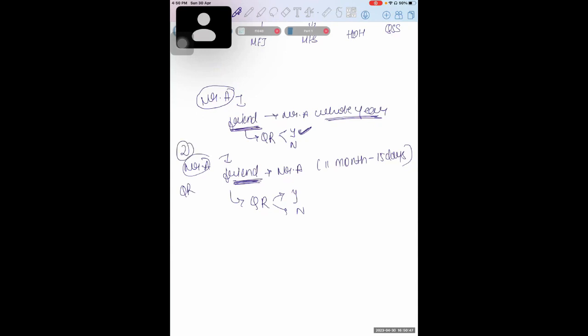The second example we are taking, the first is done already. Tell me, in the second scenario, can Mr. A claim his friend as a relative, yes or no? The friend has lived with him for only 11 months and 15 days. Almost the whole year she has lived.